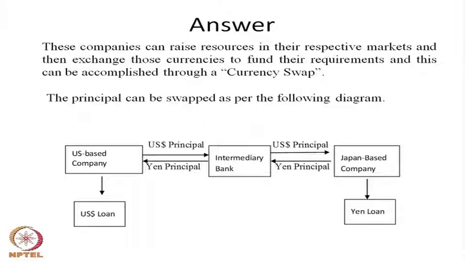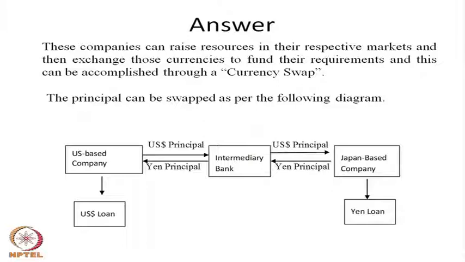First phase is the transaction of principal, second phase is the exchange of what is called periodic payment, that is interest payment, and third phase is re-exchange of principal at a determined rate. So, first transaction, these companies can raise resources in their own respective market and then exchange those currencies to fund their requirement, and this can be accomplished through currency swap.